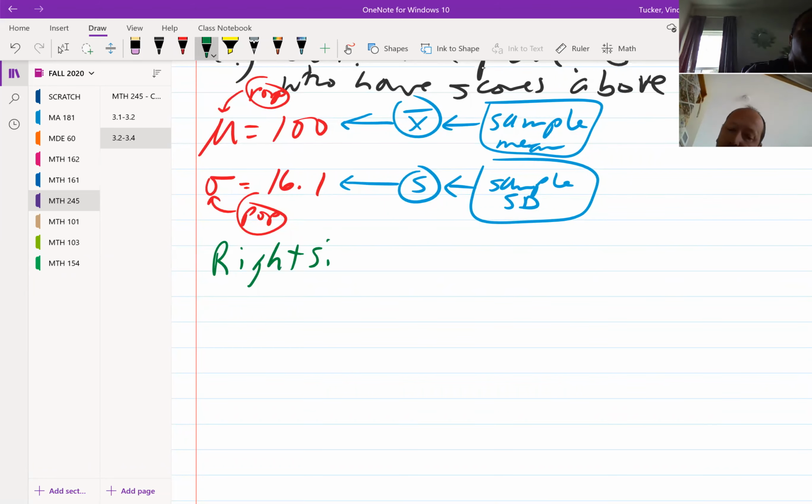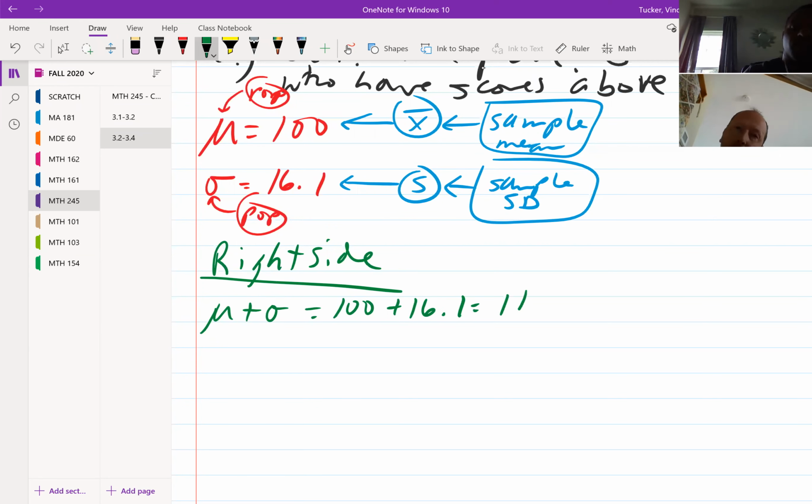Start with the right side. It doesn't matter which side you start with. If I go mean plus my standard deviation, that's 100 plus 16.1, which is 116.1.